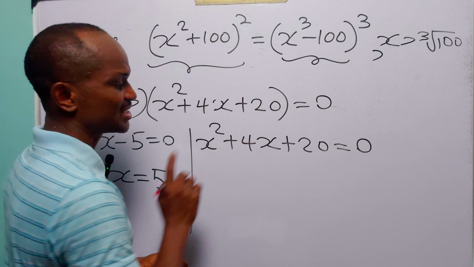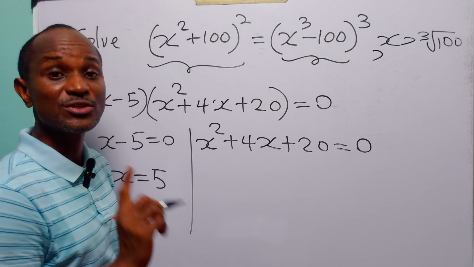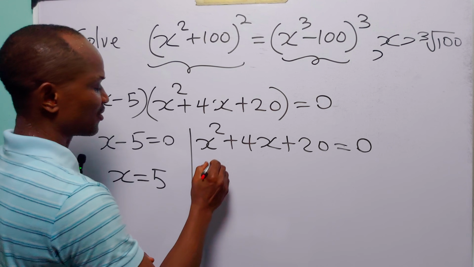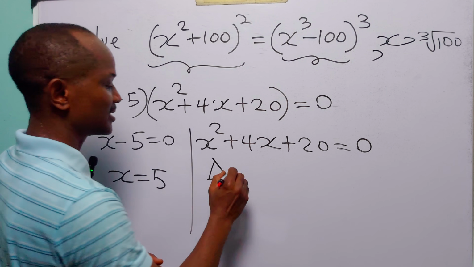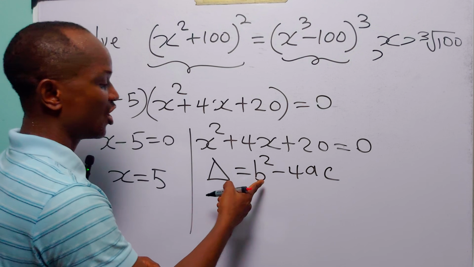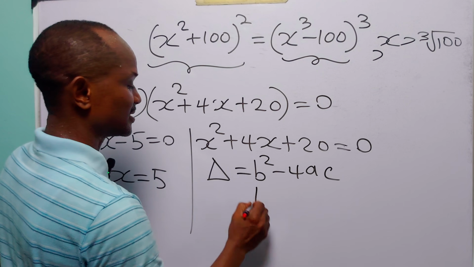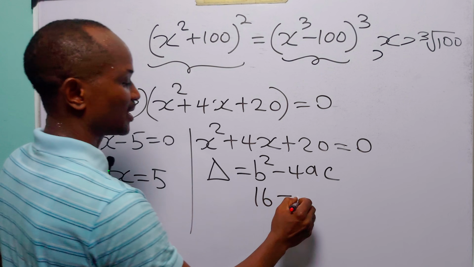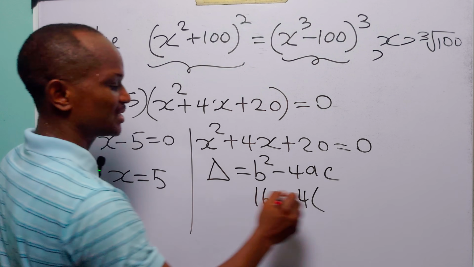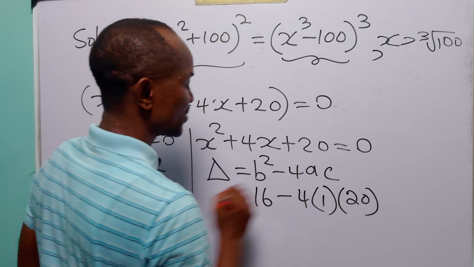Now, before we solve this quadratic equation, let us check if this quadratic equation is going to yield real values of x. To do that, of course, we use the discriminant. This is equal to b squared minus 4ac. Of course, b is the coefficient of x, which is 4. 4 squared is 16. We have 4 times a, the coefficient of x squared, which is 1. And c is the constant term, which is 20.